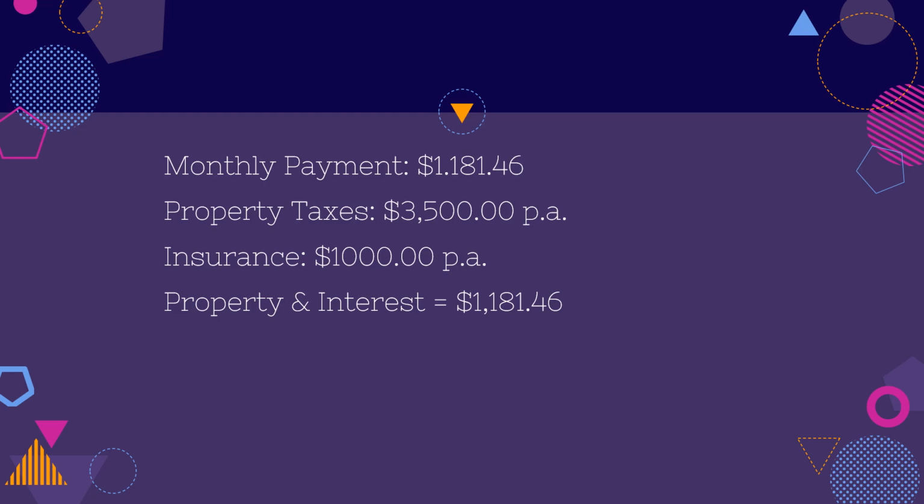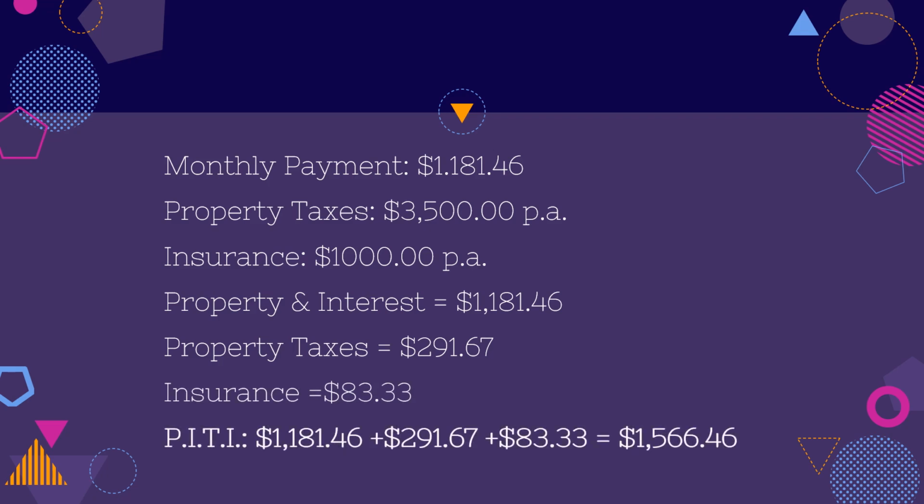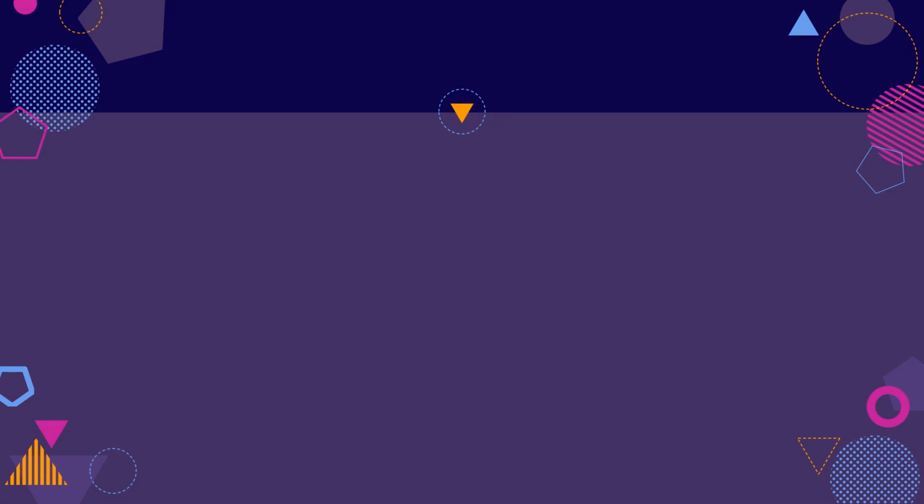Property taxes on a monthly basis are $291.67, insurance $83.33. So the total PITI, meaning principal, interest, taxes, and insurance, is going to be $1,566.46.